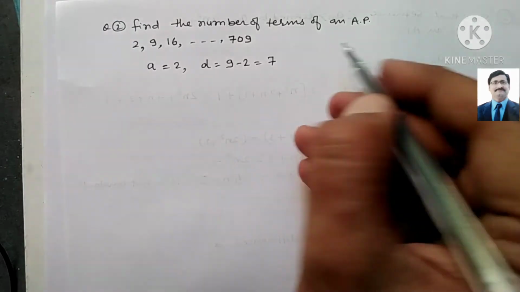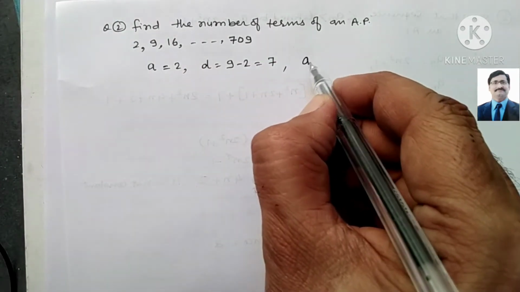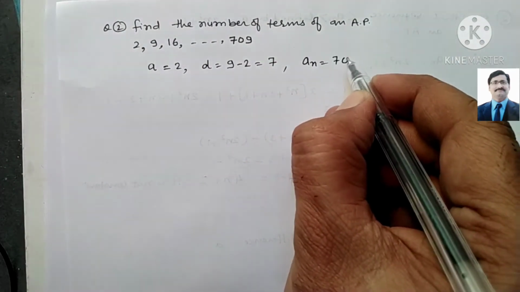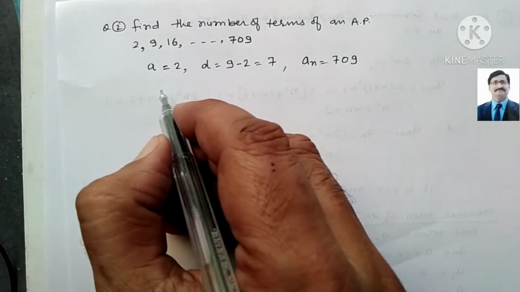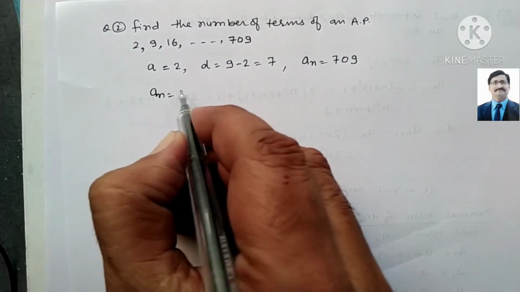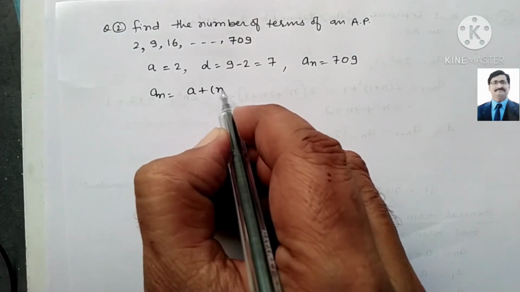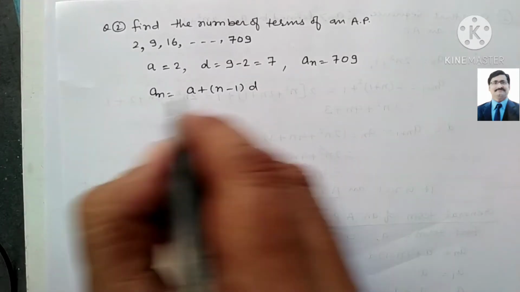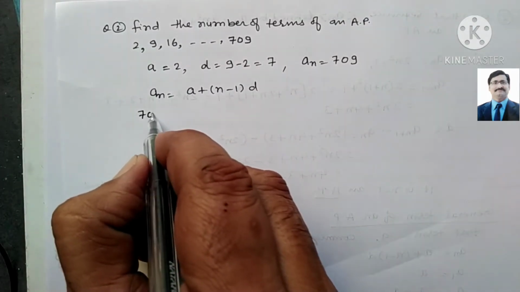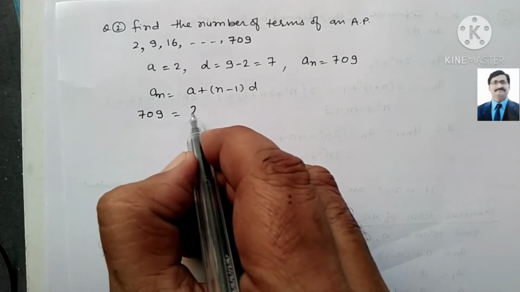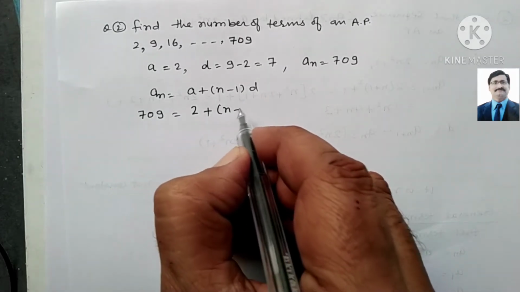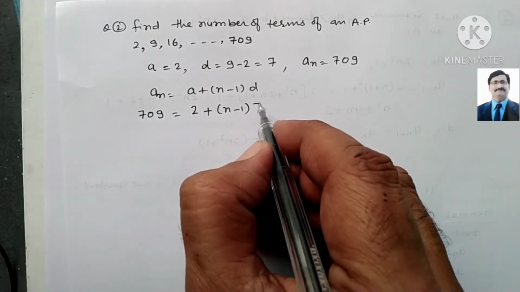The nth term is 709, and our formula is An equal to A plus (n minus 1) D.